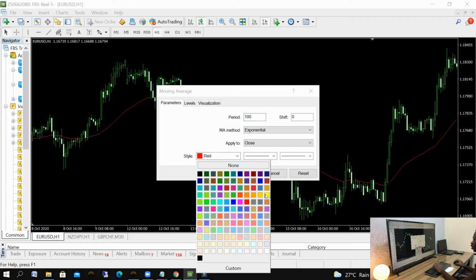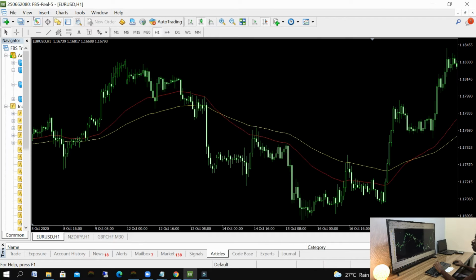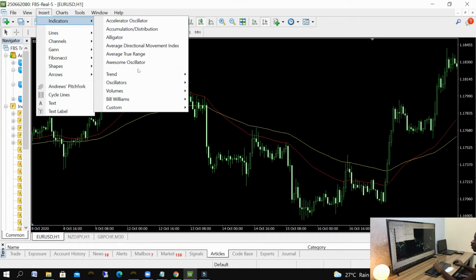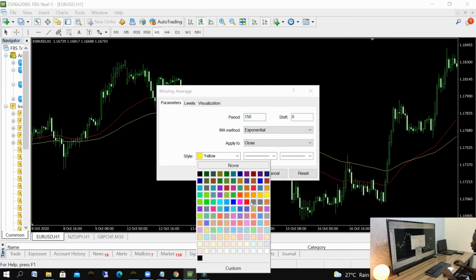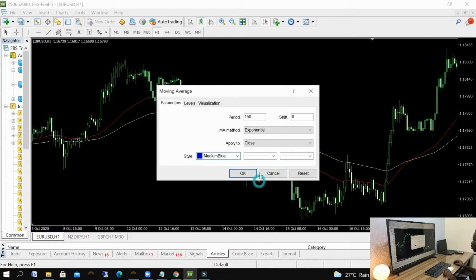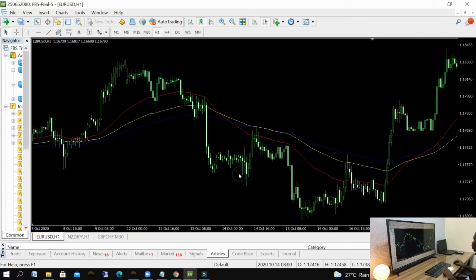Let me change the color. Then we'll be using moving average 150 exponential. Let me change the color to blue. So these are the moving averages we'll be using.